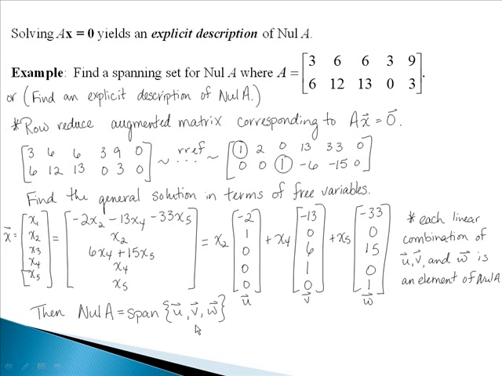Since we have an explicit description, the general solution for the null space, which was the span of those three vectors, then the spanning set is the set U containing u, v, and w. This is a spanning set for the null space of A.